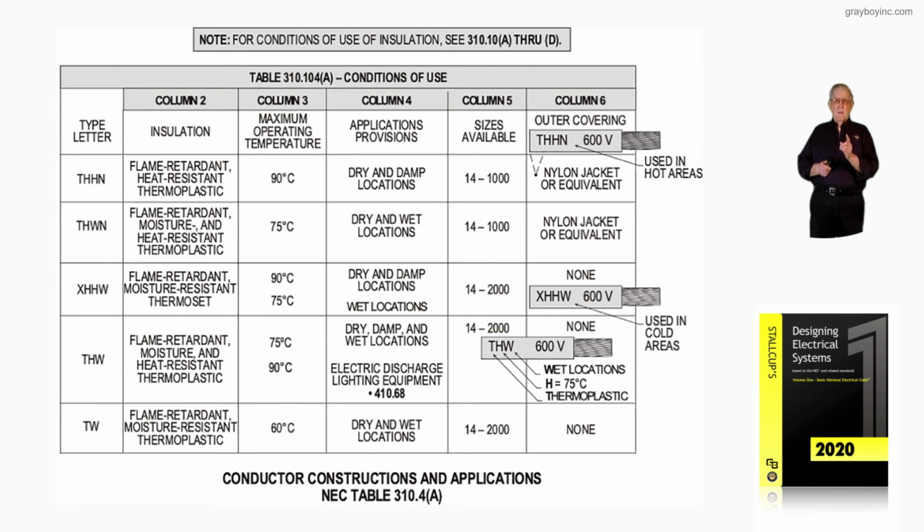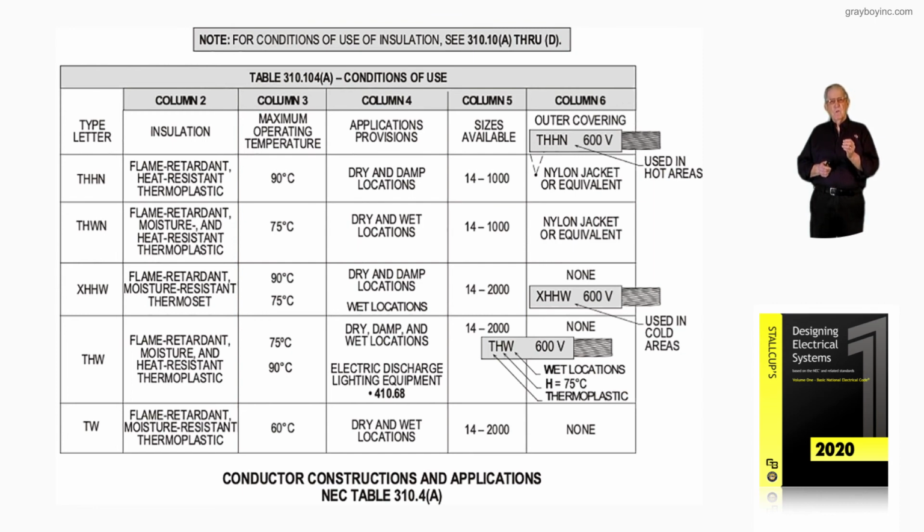But again, if you don't need all these characteristics of construction and application of the installation, just go to 310.6 and 310.10, and you would have the information, and it'll even send you to the section you need to look at to determine color coding and identification of the insulation on the conductors.